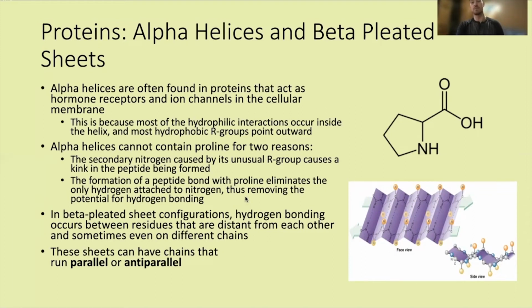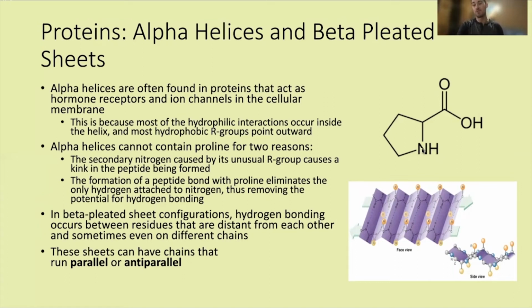Second, the formation of a peptide bond with proline eliminates the only hydrogen attached to nitrogen, thus removing the potential for hydrogen bonding. When we're talking about peptide bonds, this nitrogen is going to bond with the carboxyl group of another amino acid, and the only way it can do that is by getting rid of this H. When we get rid of that H, there's no possible way that nitrogen can hydrogen bond.